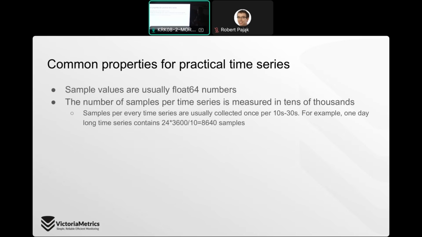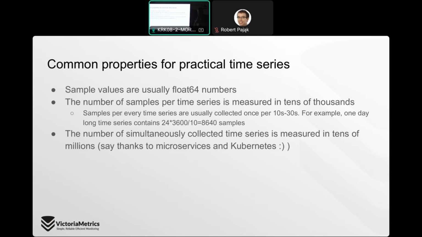Because every sample in every time series is usually calculated with an interval of 10 seconds or 30 seconds. If you calculate the number of such intervals per day for 10 second intervals, you'll get more than 8,000 samples per day per each time series.